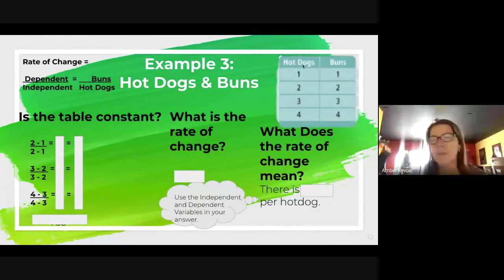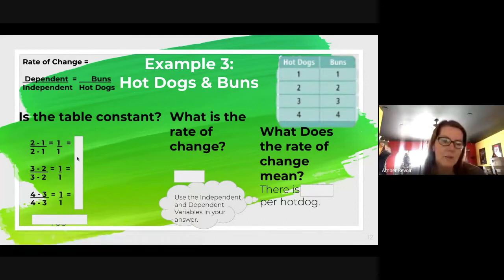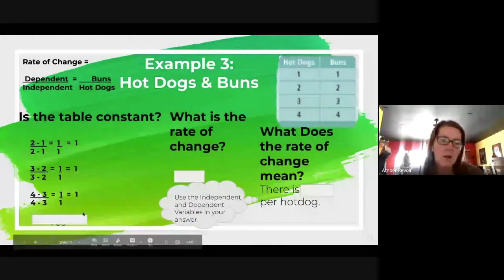You don't usually put 2 hot dogs in 1 bun, and you don't usually take 1 hot dog and put it in 2 buns. Each of these reduces down to 1 over 1, which simplifies to 1. So they are going to be a constant rate of change.